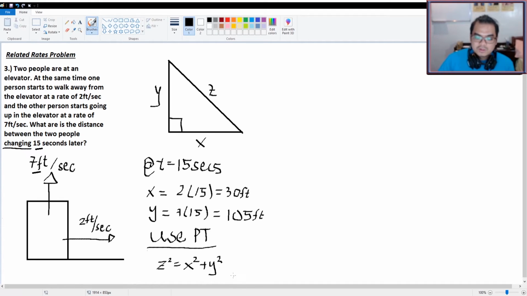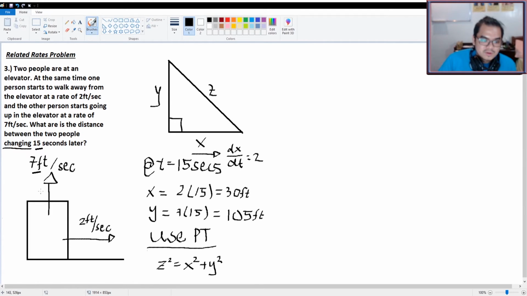If you differentiate this, the change in x will be 2 feet per second, so dx over dt is equal to 2. I will no longer put the unit.